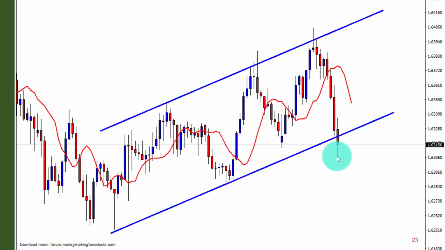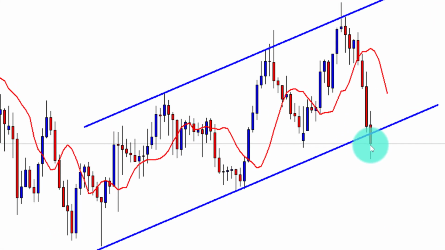The price has gone through the trend line. It has closed. So you have to enter when the candle has closed over the trend line. This is when you enter, and the direction is based on the violation, so that would be a downward trade.